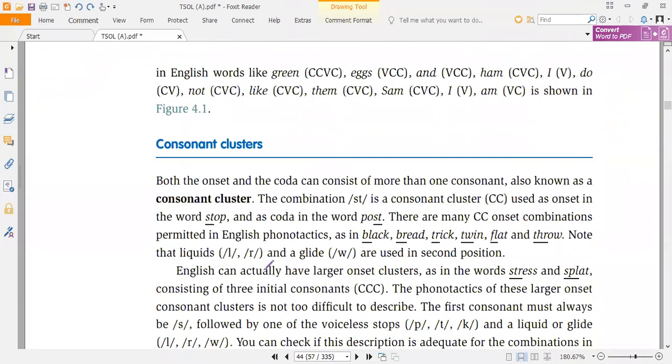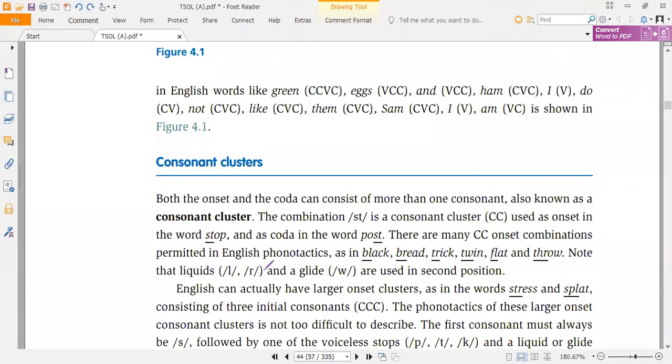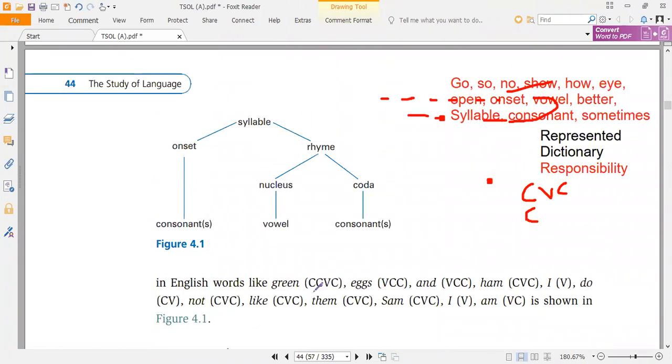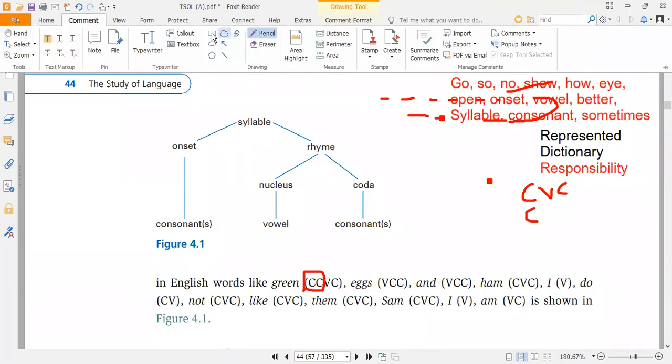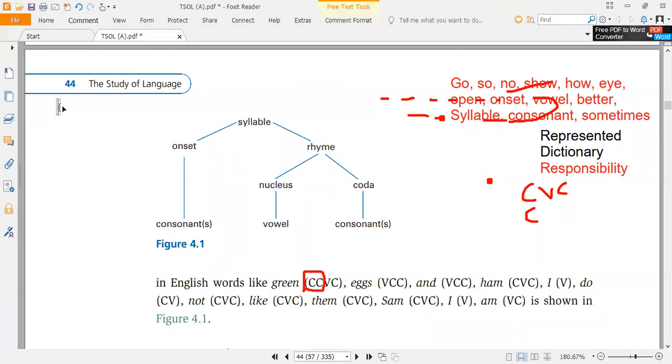Now coming to consonant clusters, which we have already talked about. Consonant cluster means both the onset and the coda may consist of more than one consonant, also known as a cluster. If you look at this, CCV, CCVC, CC means two consonants are there.